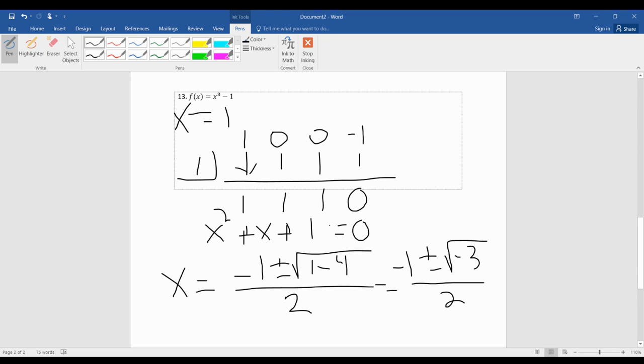So those are our 2 answers, but we do need to simplify the radical. So our last 2 solutions are negative 1 plus or minus i root 3 over 2. So we have 1, 2 with a plus, 3 with a minus, are 3 solutions since it's a cubic.